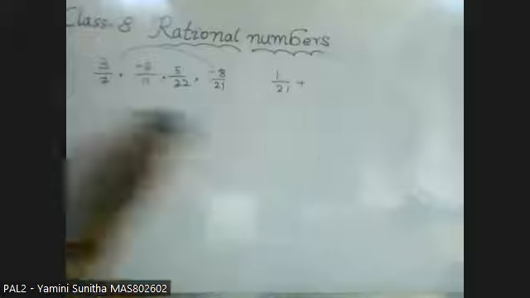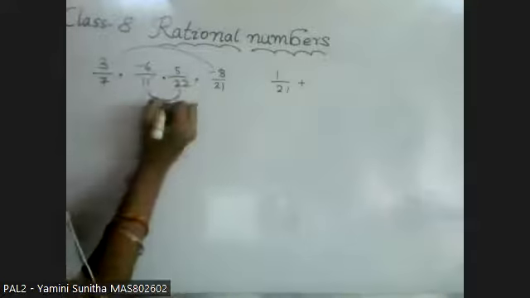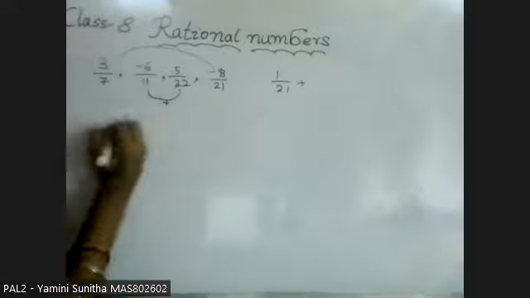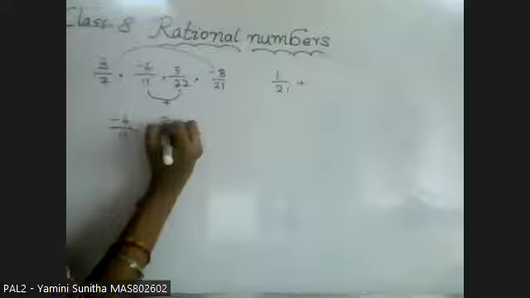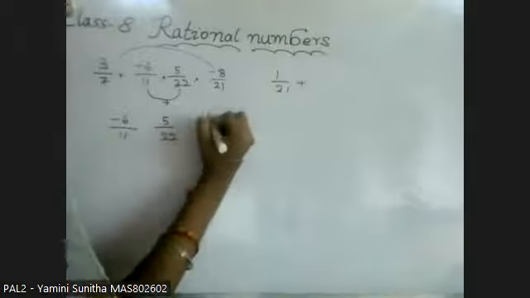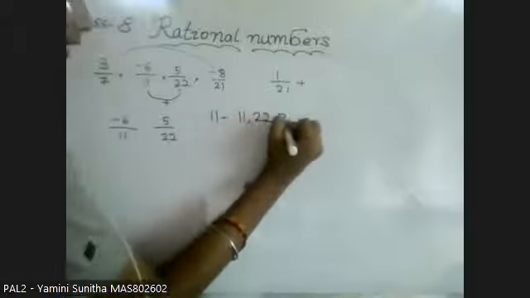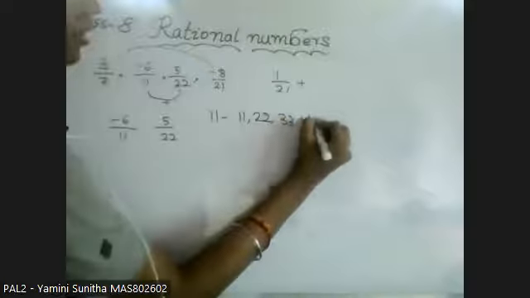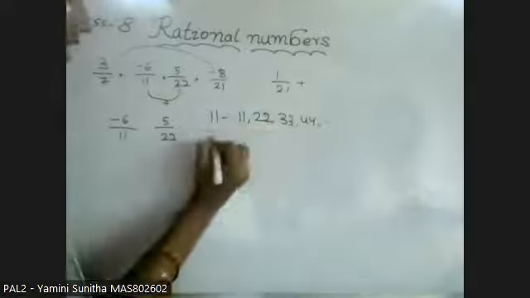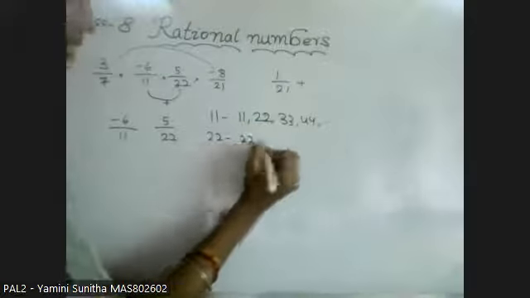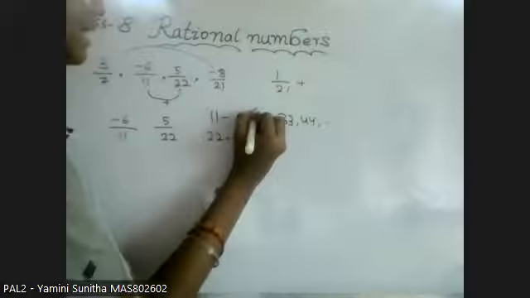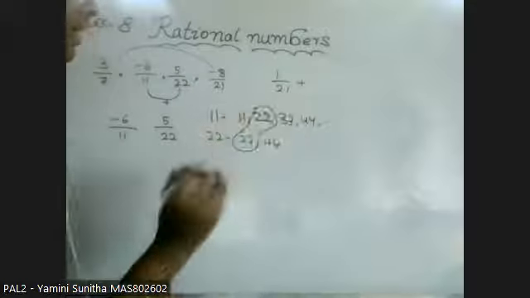Let us do the next procedure. We have to add these two: minus 6 by 11, 5 by 22. 11 multiples are 11, 22, 33, 44, and so on. 22 multiples are 22, 44, and the least common multiple is 22.